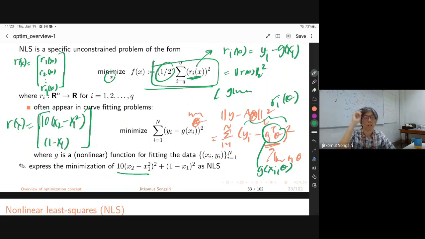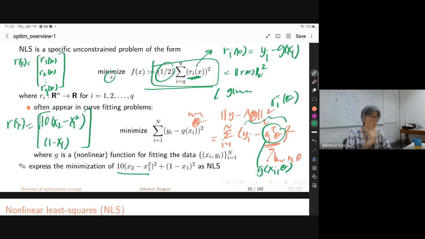What I want you to practice is representing the problem in a nonlinear least square sense, and recognizing a residual vector. As an applied user, we're going to call an algorithm from a library, and the format of calling is just to specify a vector r.